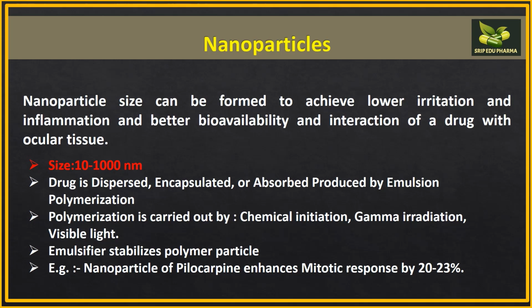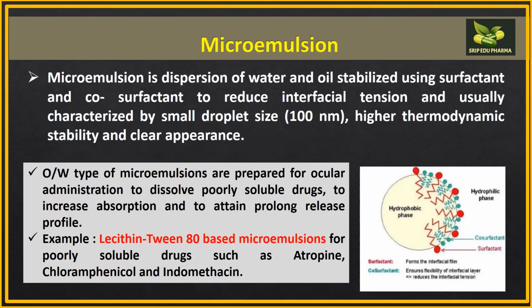Here polymerization is carried out by chemical initiation, gamma irradiation or visible light, and an emulsifier stabilizes the polymer particle. The polymers used are of biodegradable nature. An example is nanoparticles of pilocarpine, which enhance the miotic response by 20 to 23%.